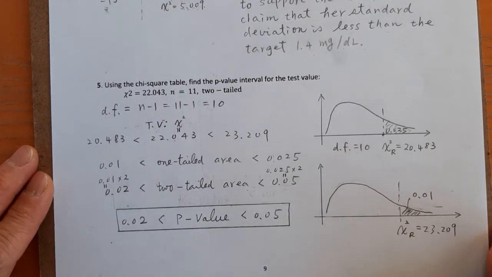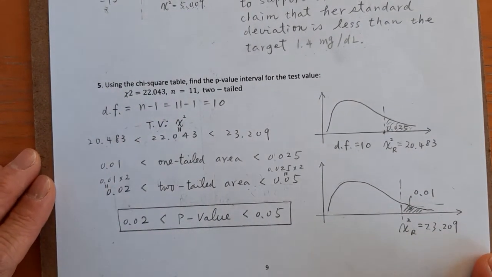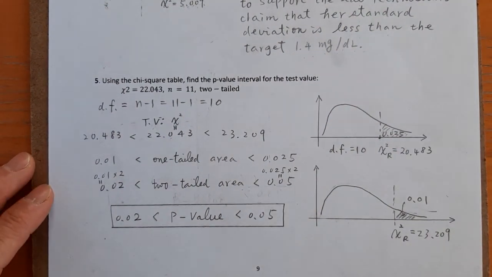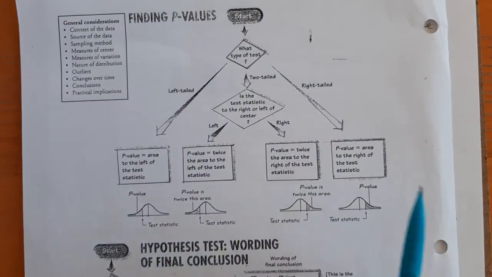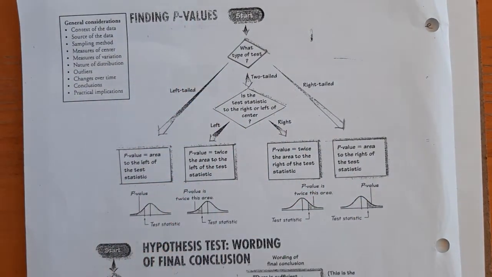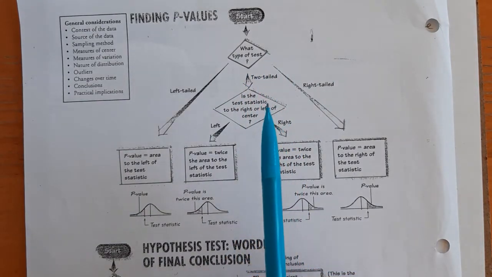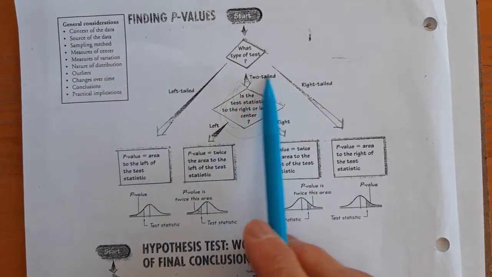And the next one is going to be the p-value. Let's talk about what the p-value is. Before we talk about question 5, let's look at this chart, finding the p-value. You have to look at what kind of test. Is it a two-tail test?